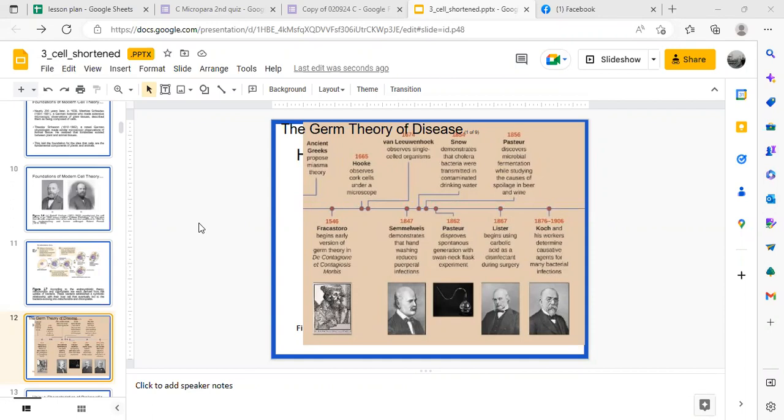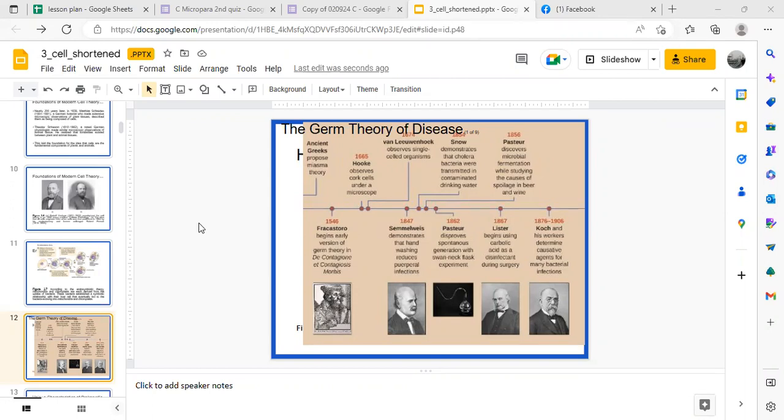Okay? So yun nga, Hooke discovered cells under the microscope and he named it as such. And then you have Leeuwenhoek, who first observed these single-celled organisms using a microscope. He called them animalcules. And you have Semmelweis, who demonstrated that hand washing reduces infections, no?